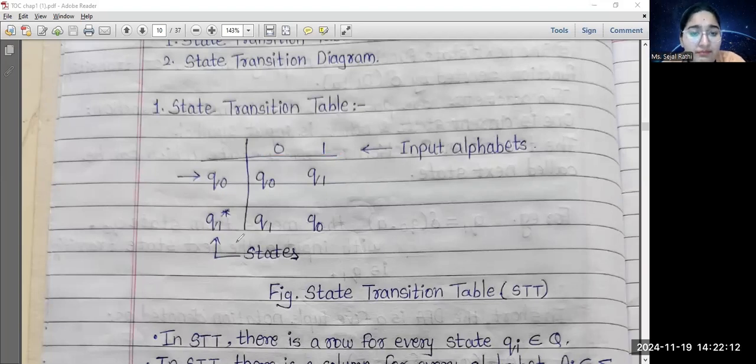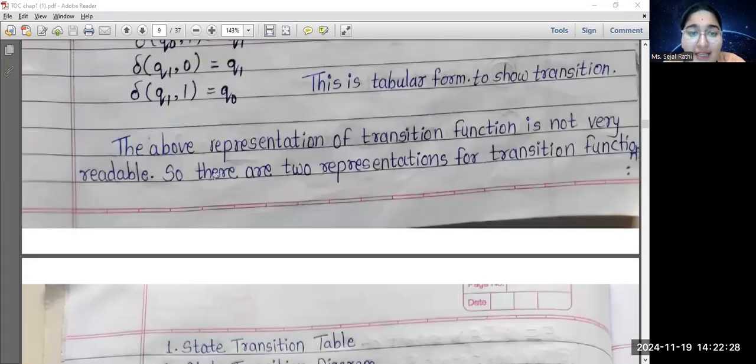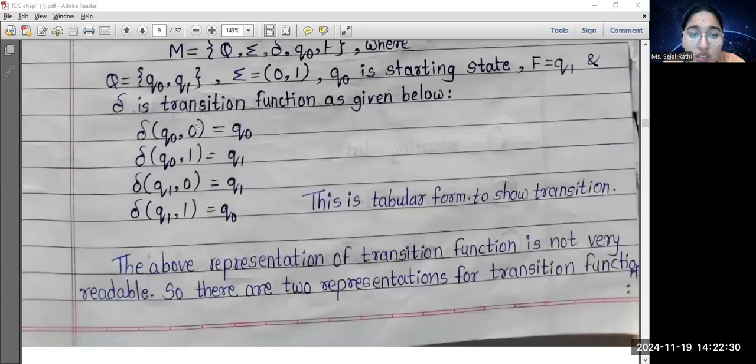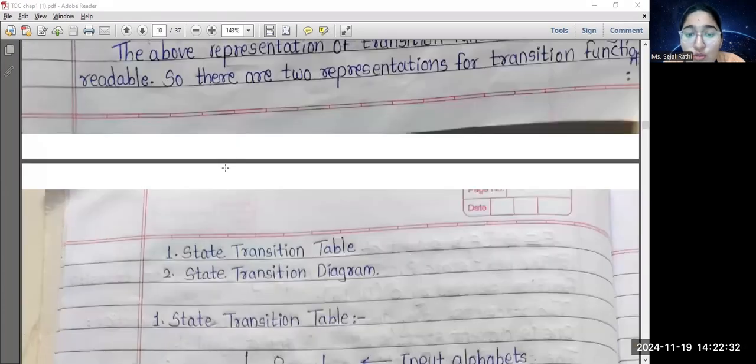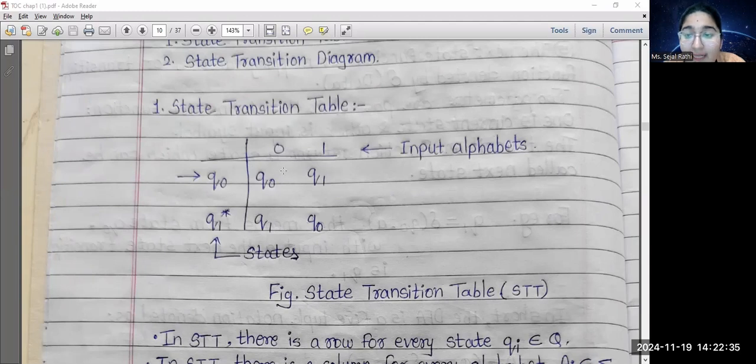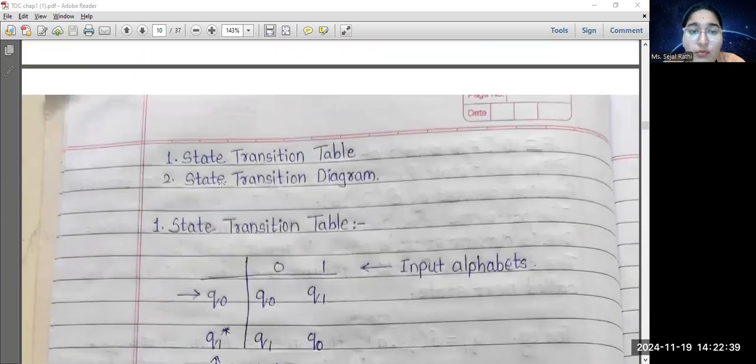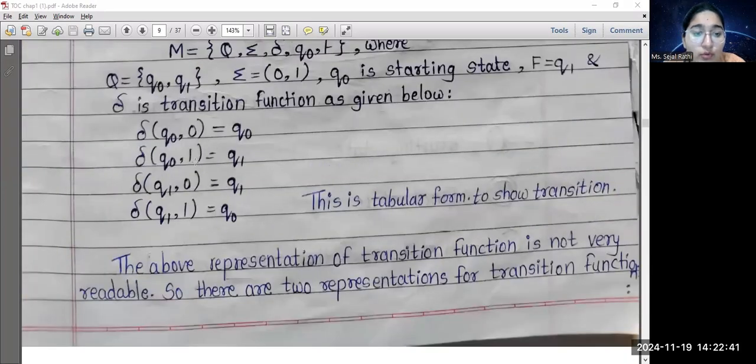Now from this tabular format of transition: from Q0 with input 0, what is the next state? It is Q0, so we write Q0 here. Q0 with input 1, what is the next state?